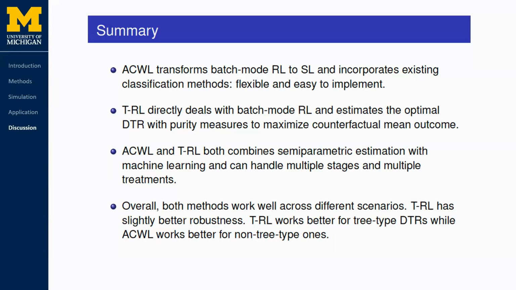Okay. And overall, both methods work really well across different scenarios. However, we noticed that tree-based reinforcement learning has slightly more robustness. But if your decision rule is non-tree type, adaptive contrast weighted learning works better.